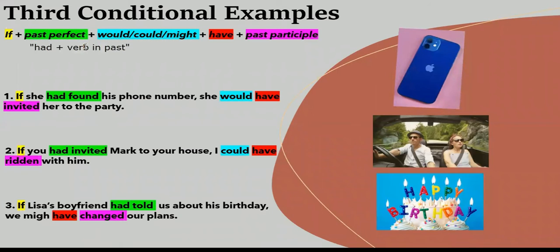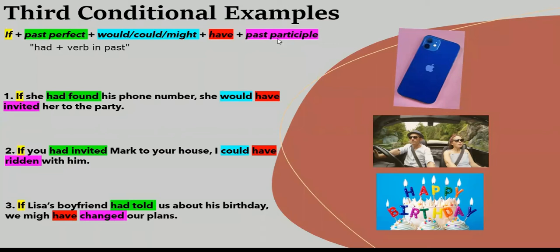Okay, remember this on past perfect? Had and verb in past. So, if I had invited you to the party, okay, that is past perfect, then you're going to use would, could, or might. Then you're going to use have and the verb in past participle.